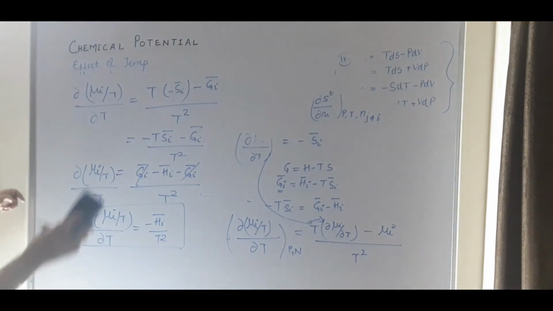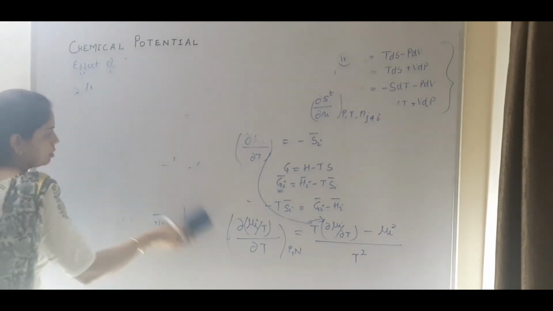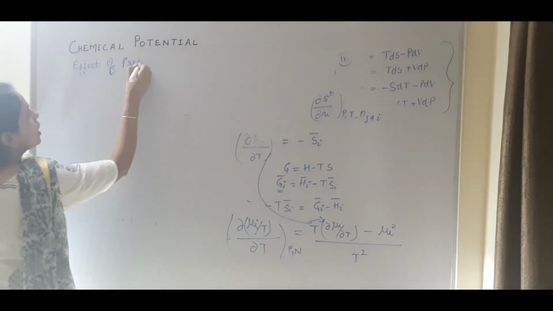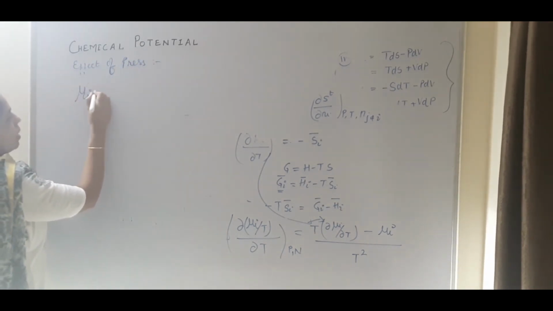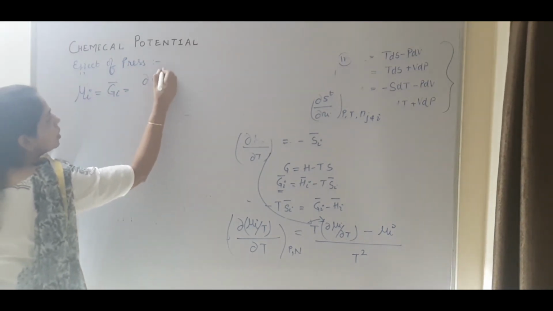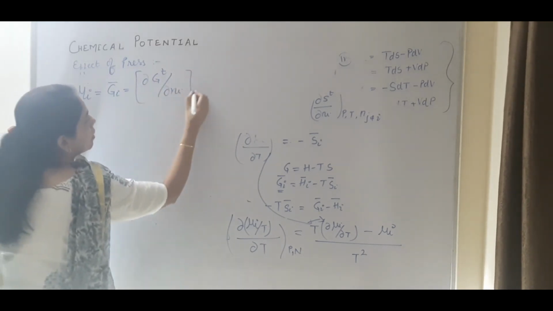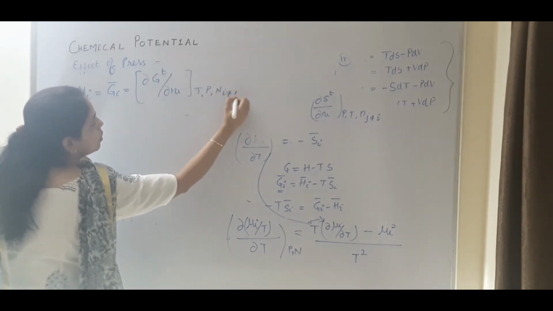Now the effect of pressure. So let's write the relation for this: the effect of pressure on chemical potential. We know the first equation, which is μ_i is equal to G_i bar, is equal to ∂G_t, the total Gibbs free energy, upon ∂n_i at temperature, pressure and number of moles, where i is not equal to j.